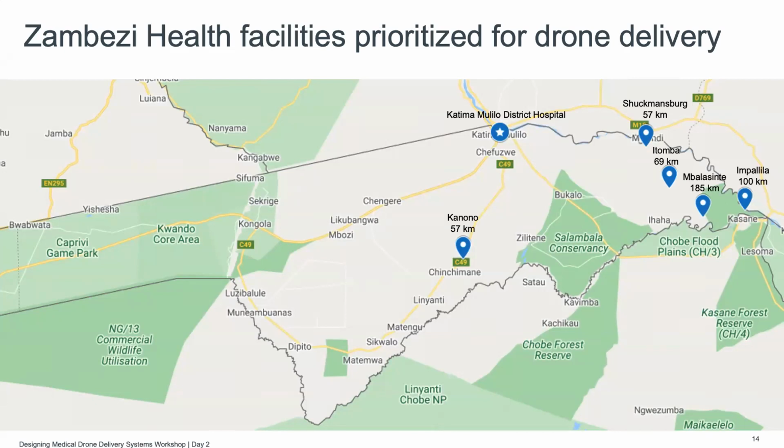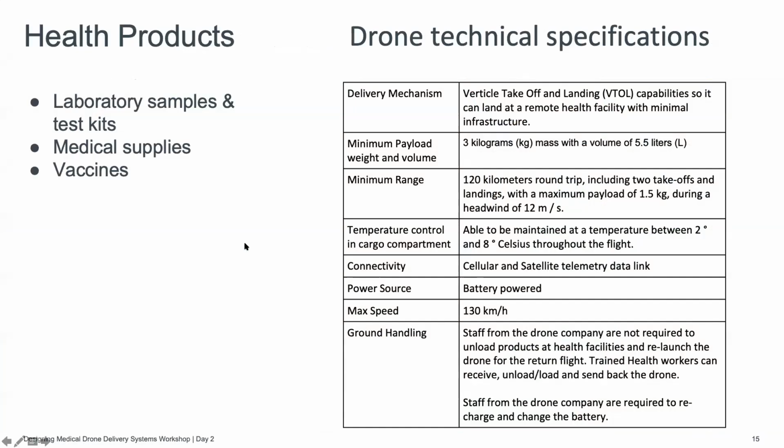But Shukmansberg is 57 kilometers away from the main lab, which is in the Katima Mulilo District Hospital, Itomba 69 kilometers away, Mbalasinta 85, and Impalila 100 kilometers. These are cut off at most during flooding and also have bad roads. Next.